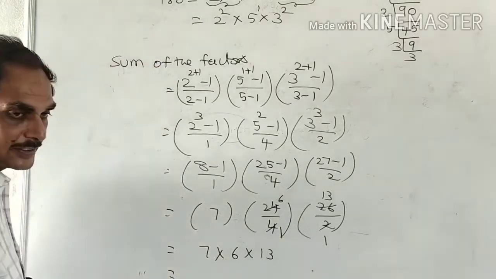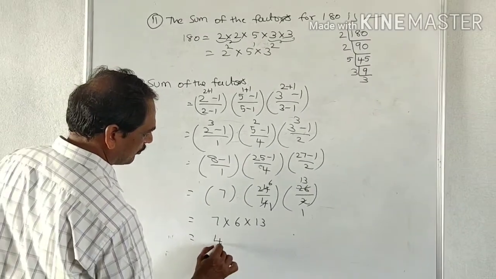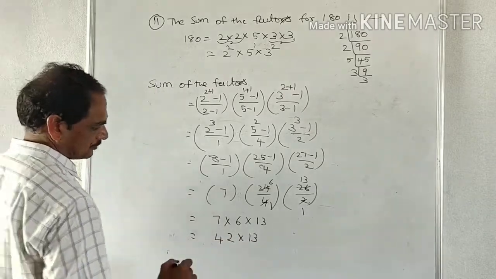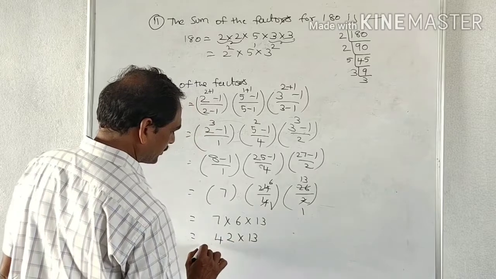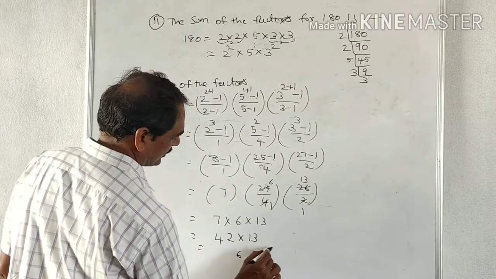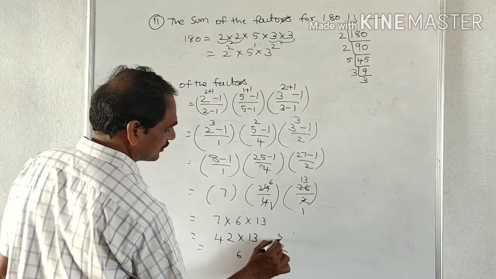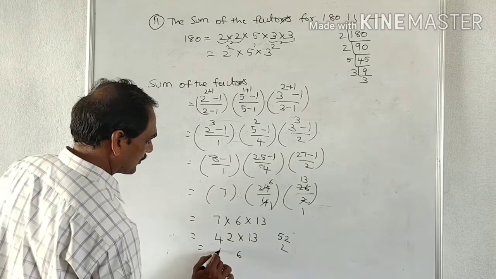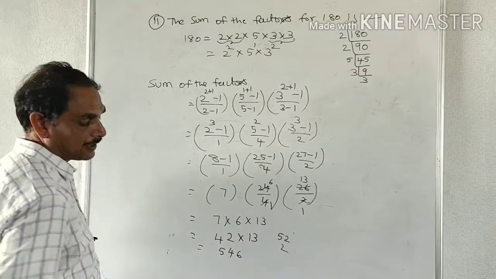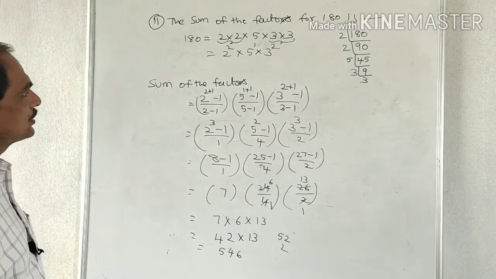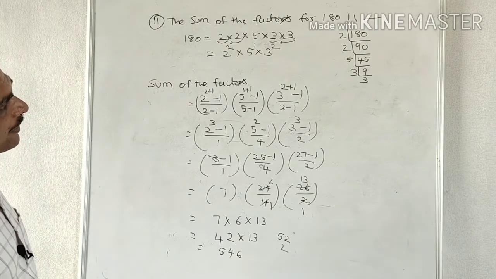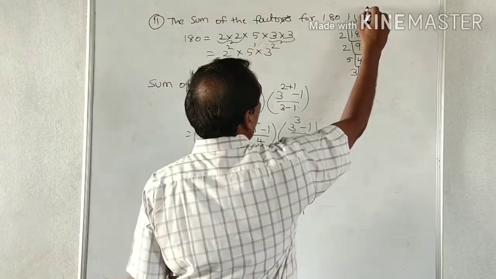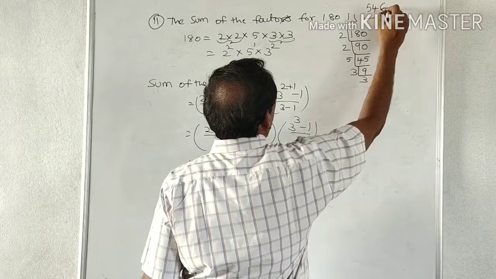Now 7 6s are 42, into 13. 13 2s are 26, 13 4s are 52, so 546. So this is the sum of the factors for 180. So the answer is 546.